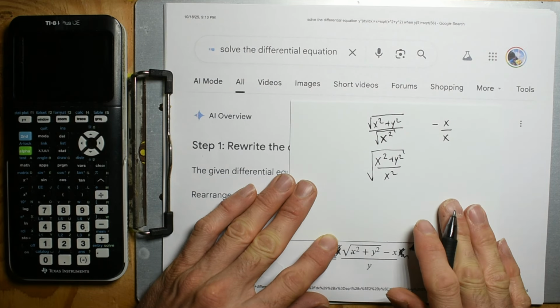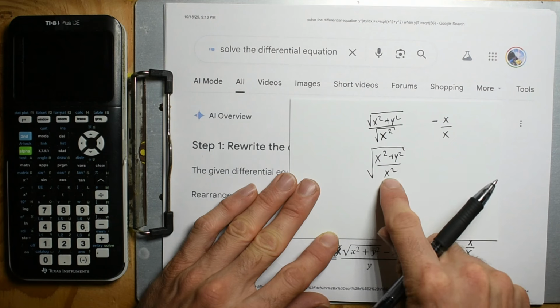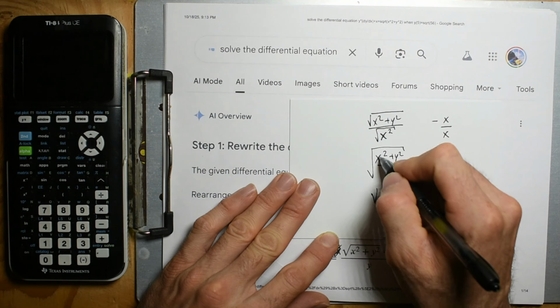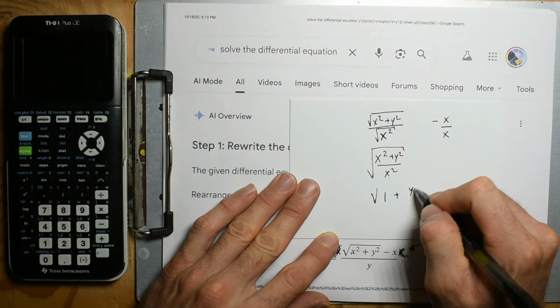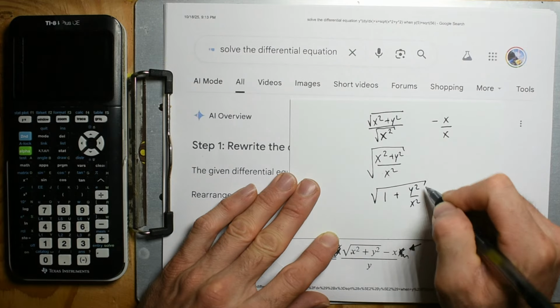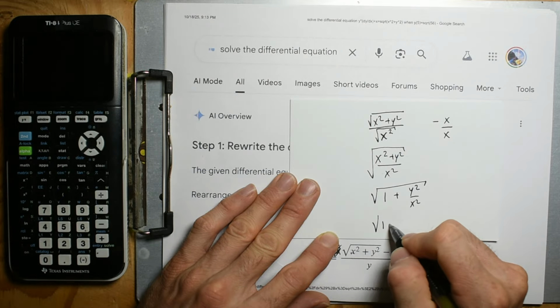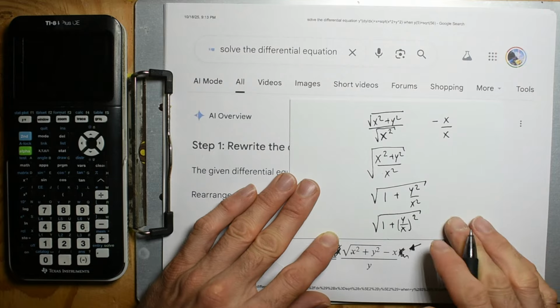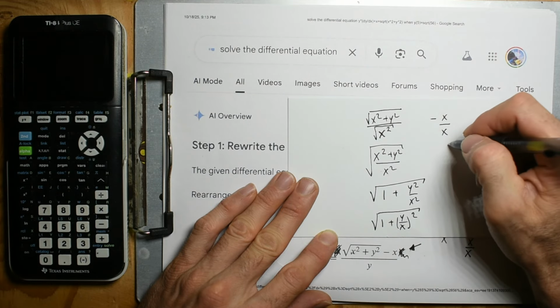And then since this is the denominator for both of them, I can switch it up and say this is 1 plus y squared over x squared. And then I can see this is 1 plus y divided by x, squared. So we're chill there. This was a 1.